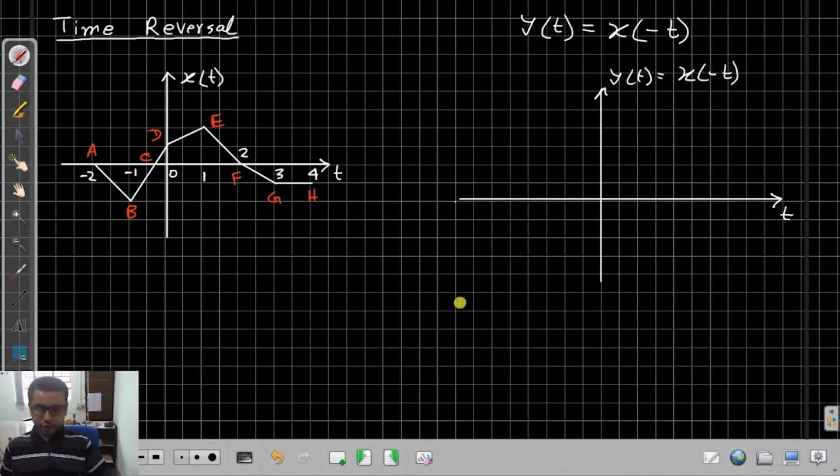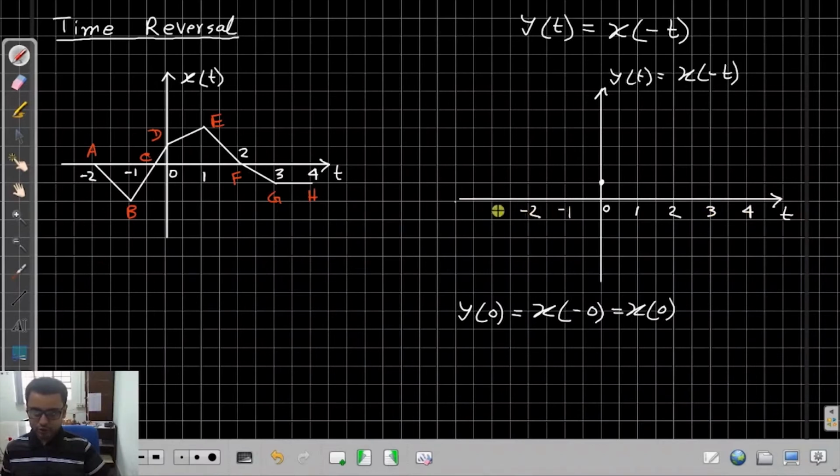What will be the value of y at t equal to 0? That is going to be x of minus 0, same as x of 0. And x of 0 is 1, so that point will be here. This is t equal to 0, 1, 2, 3, 4, minus 1, minus 2, minus 3, so on, minus 4.